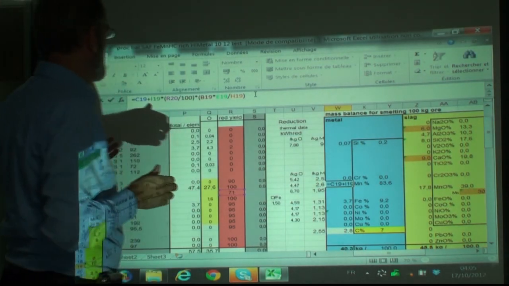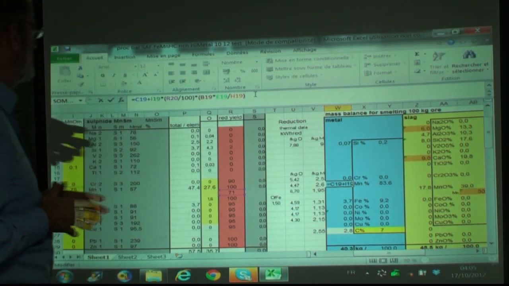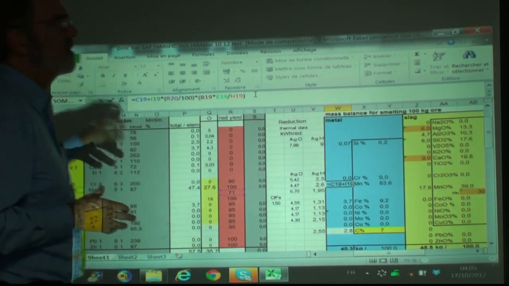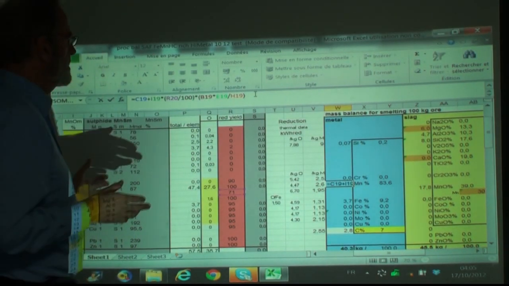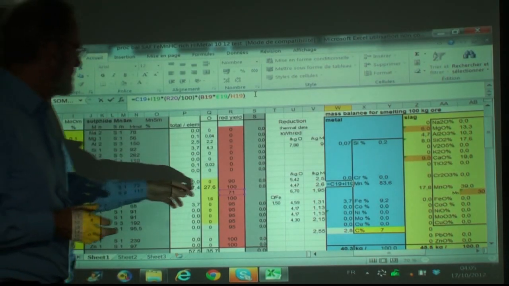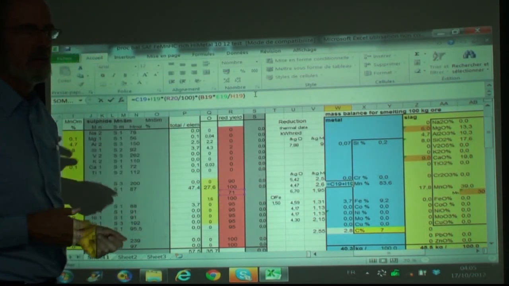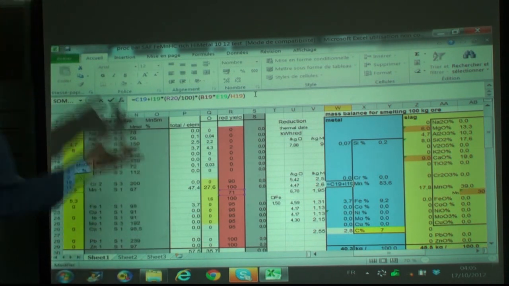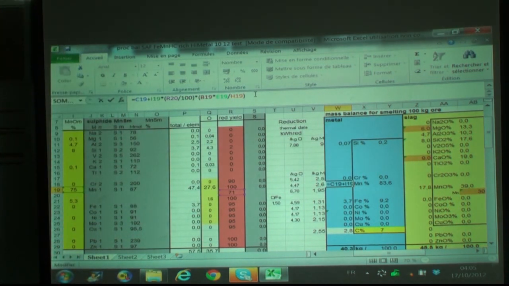But unless this, the calculation is the same. You calculate the amount of metal, which is actually 71% of the metal included. And why 71%? To obtain this figure, you have to test. Why?